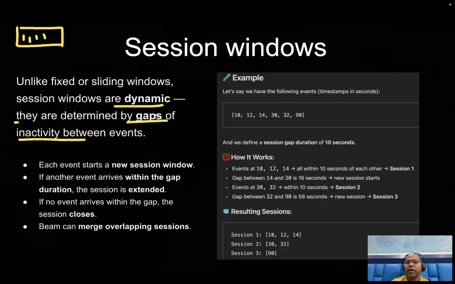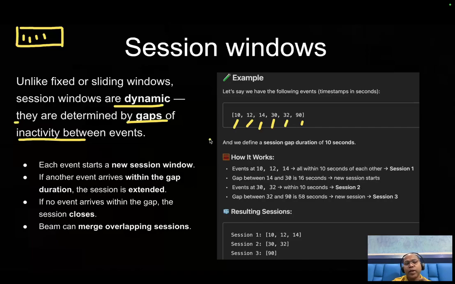Let's decide our gap duration. For example, let's say we have events that come at 10 seconds, 12 seconds, 14 seconds, 30 seconds, 32 seconds.